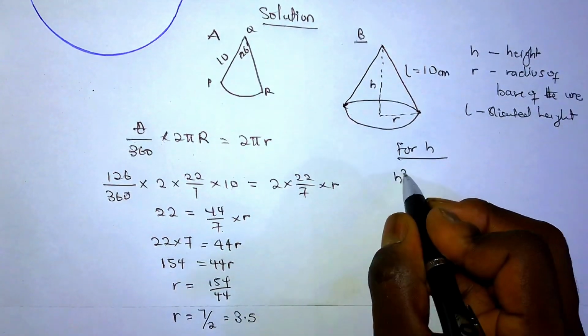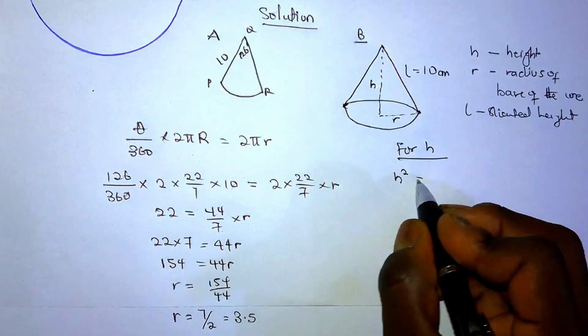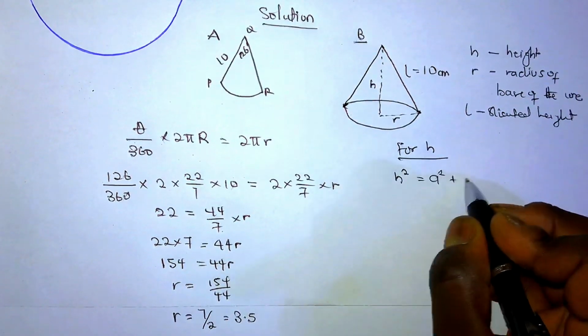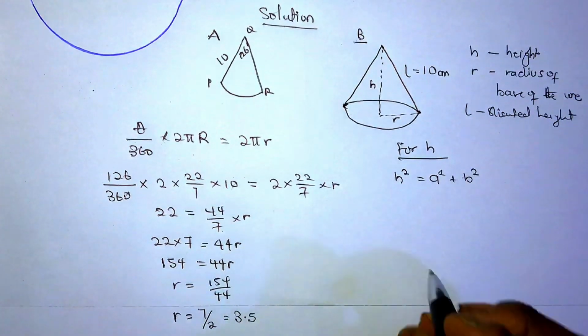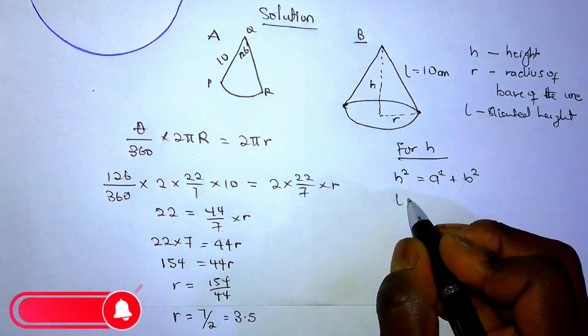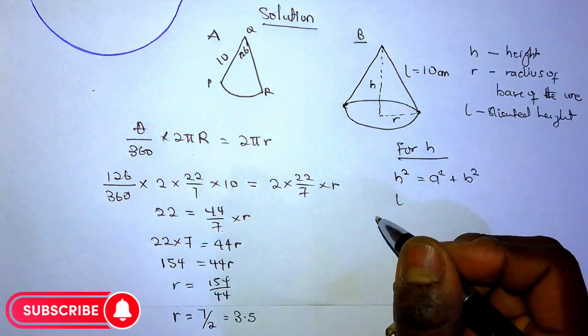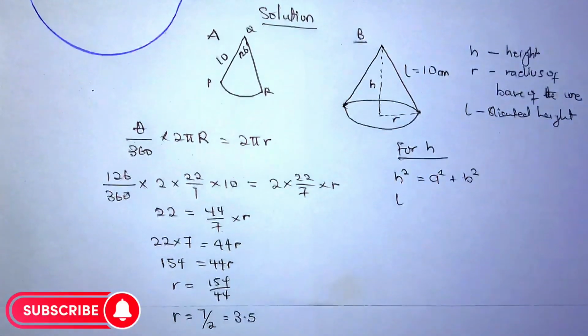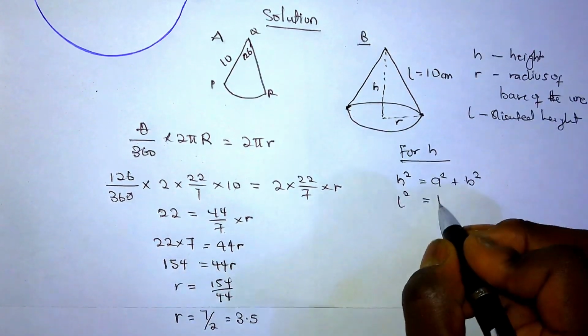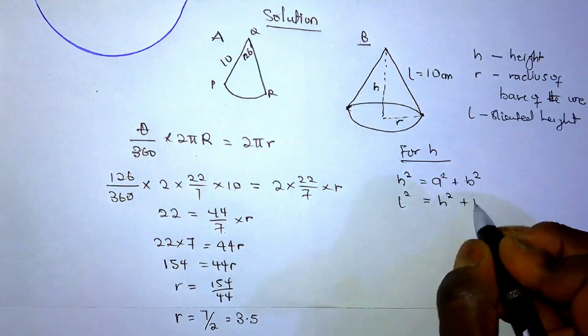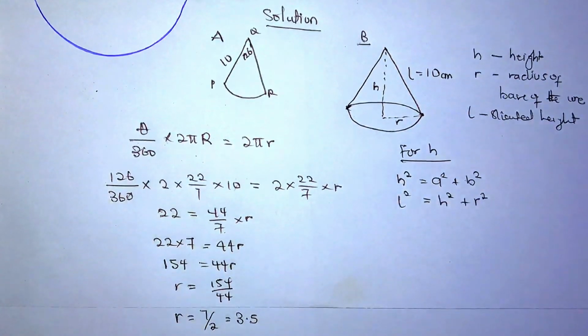So the hypotenuse squared is equal to the sum of the squares of the other two sides. So this implies that L squared is equal to H squared plus R squared.